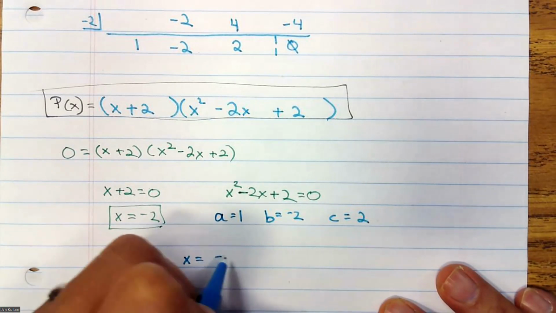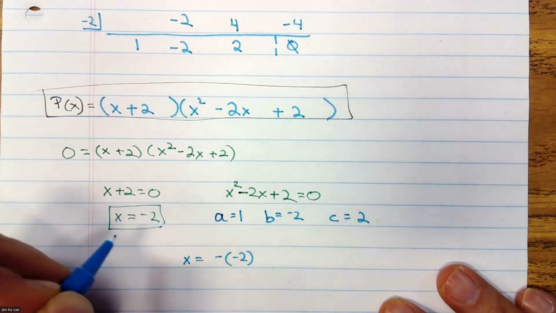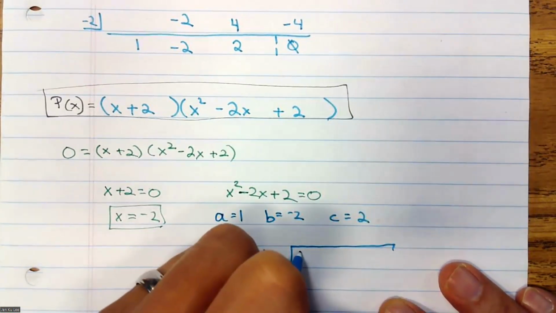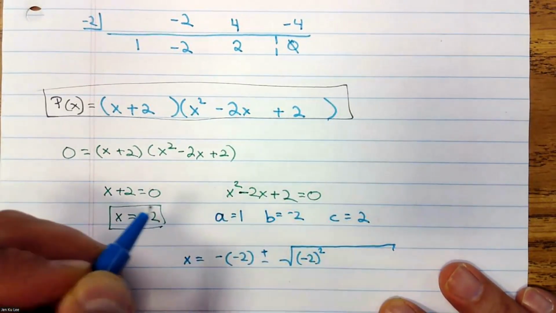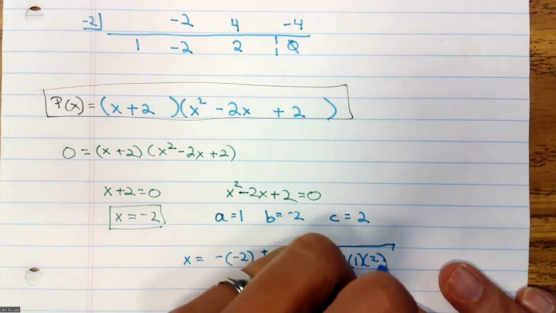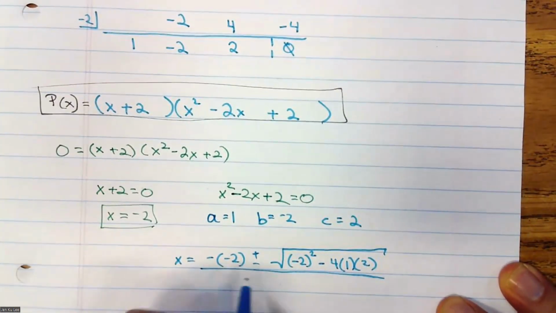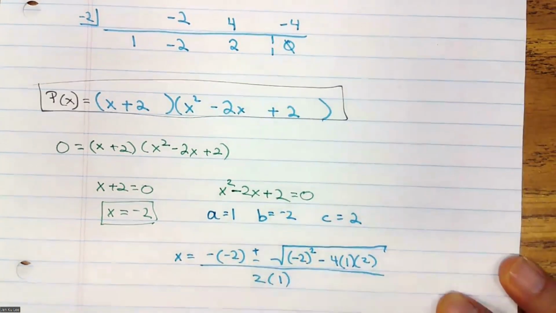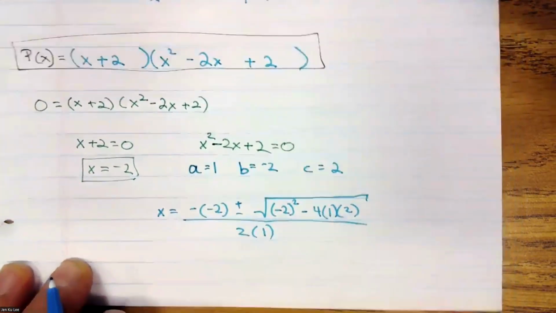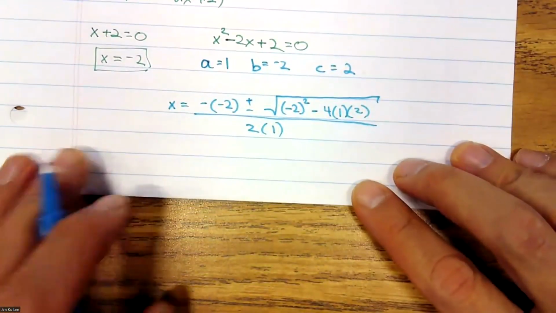So x equals negative b plus or minus the square root of b squared, negative 2 squared, minus 4ac, all over 2a, right? So I use the quadratic formula there to figure that out.